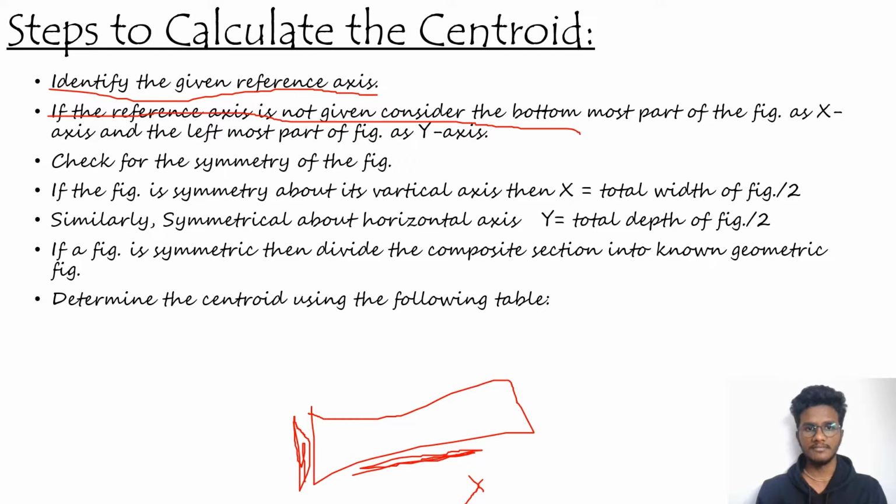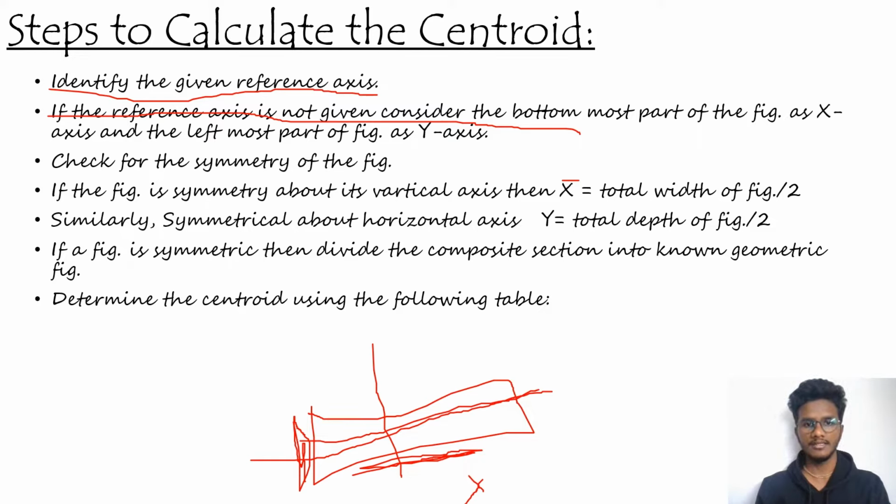Check the symmetry of the figure. Symmetry means it should be divided evenly, diagonally and not diagonally, horizontally and vertically. If the figure is symmetrical about its vertical axis, then x bar is equal to total width of figure divided by 2.